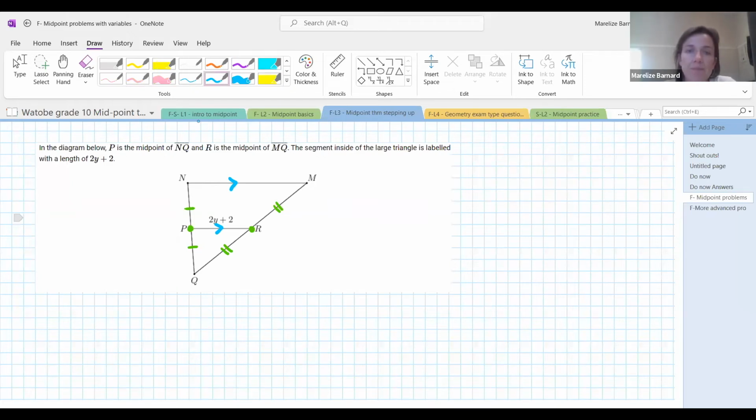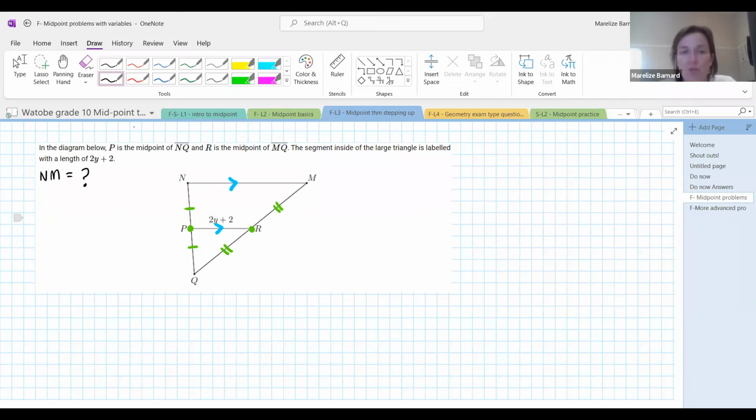Okay. The segment inside of the large triangle is labeled with a length 2y plus 2. And actually the question's cut off, but the question is that you need to find an expression for NM.